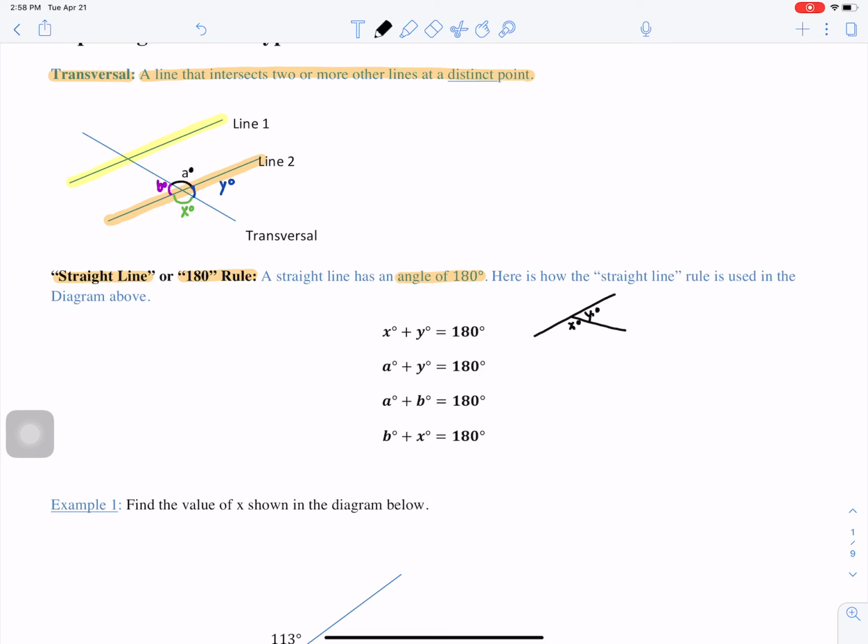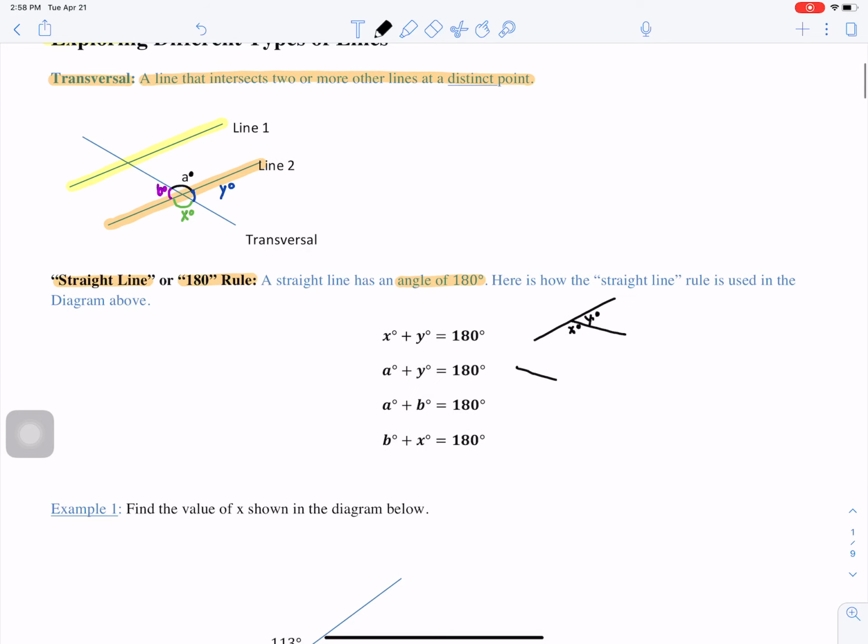Angle A plus Y sits on the transversal going through line 2, and so angle A degrees plus Y degrees would add up to 180 degrees. A and B sit above line 2, and then the transversal connects and breaks that into two pieces. There's B here and A here, so both A and B lie on a straight line, so we can say that A plus B is 180 degrees.